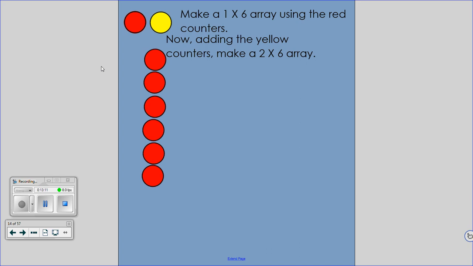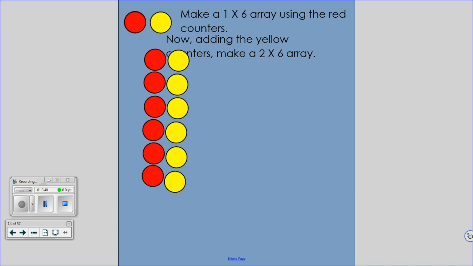So I'm now going to take my yellow counters and add on. You got that? Okay.